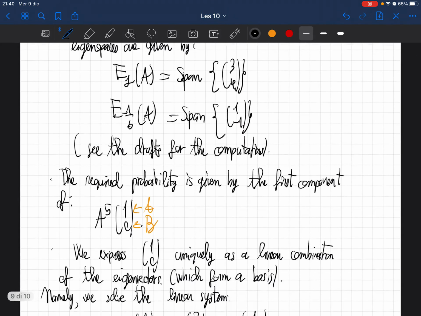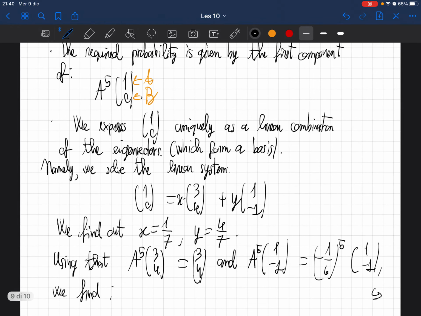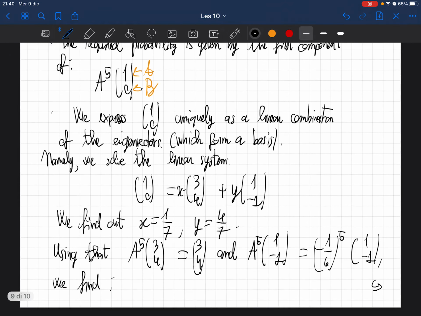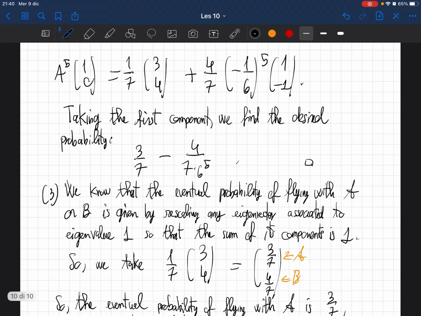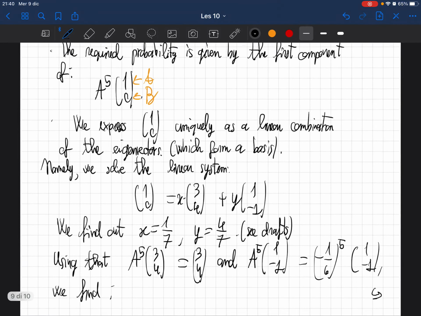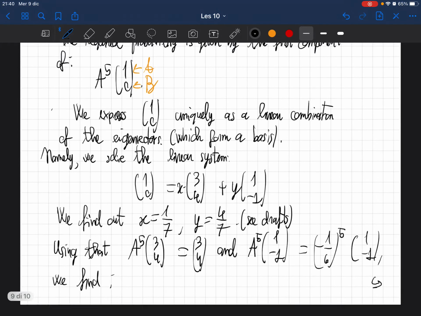We didn't put a reference to the drafts here. We should have. So, see the drafts for the computations. No, this doesn't need anything, so it should be okay.